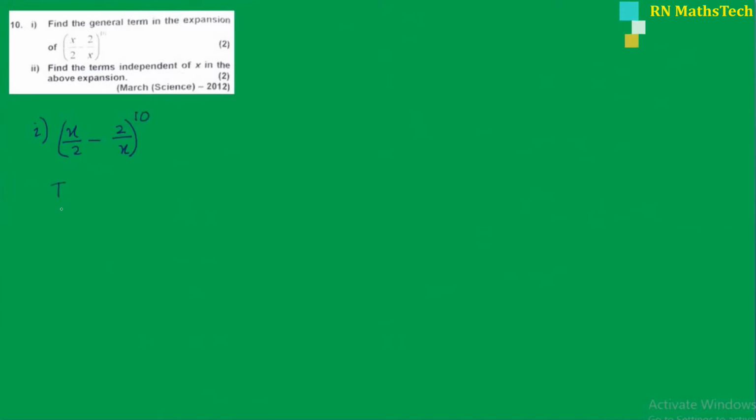So the general term T(r plus 1) is equal to nCr a raised to n minus r, b raised to r. Here it is 10Cr (x by 2) raised to 10 minus r, (minus 2 by x) raised to r. Okay, that is the general term. Now the second part.